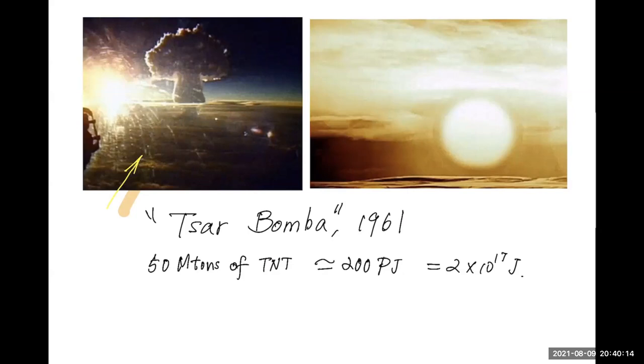This was the fireball that was visible as a result of the explosion, and it had a diameter of about 5 miles. That's a lot. This bomb was so powerful that it shattered glasses 1,000 miles away. It was felt in Paris. Remember, this was in Siberia, deep inside Russia. That's how powerful that bomb was.